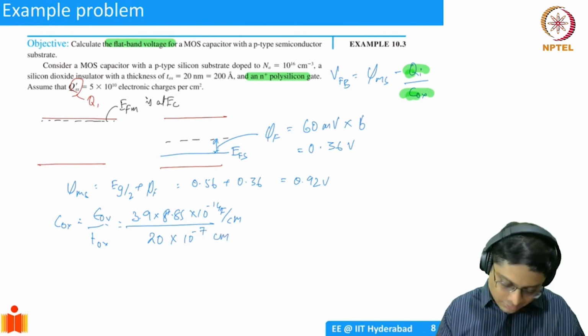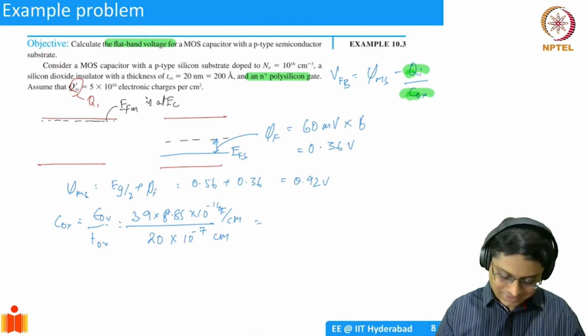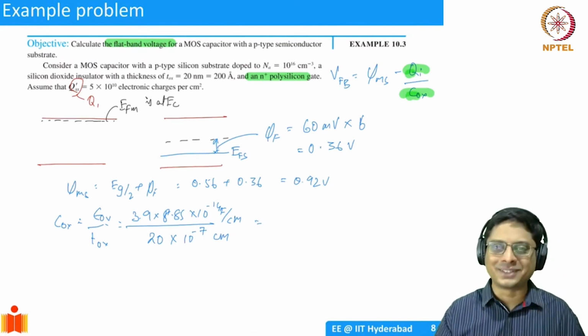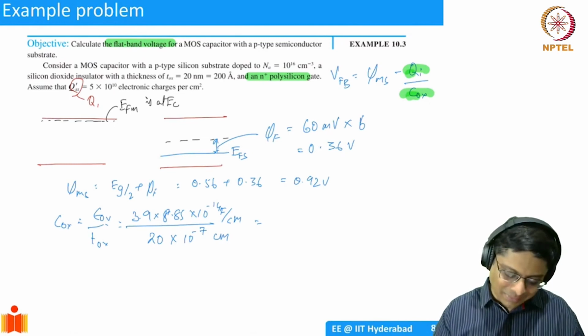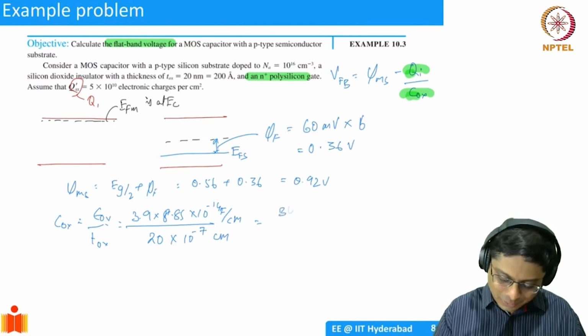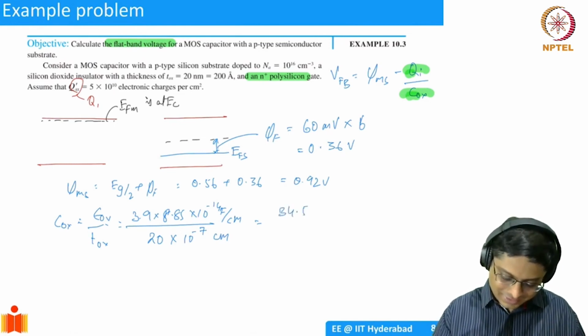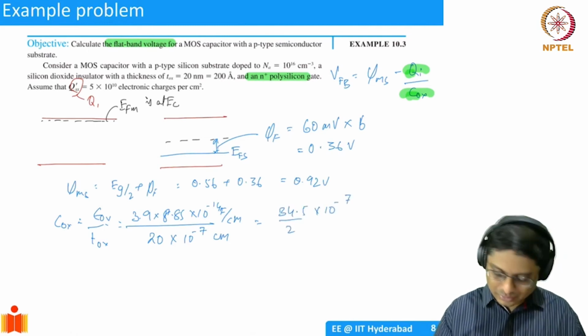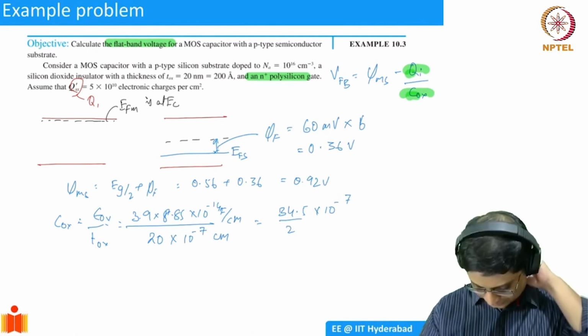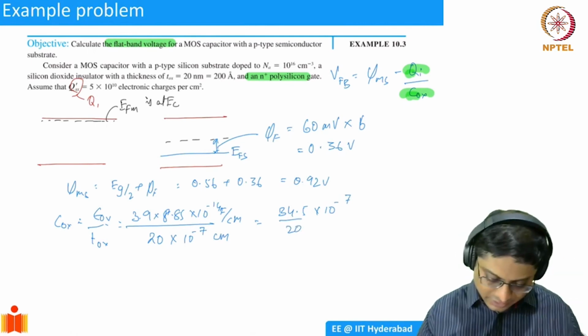I have done this same problem multiple times. Basically 8.85 into 3.9 will turn out to be 34.5 into 10 power minus 14, divided by 20 into 10 power minus 7.